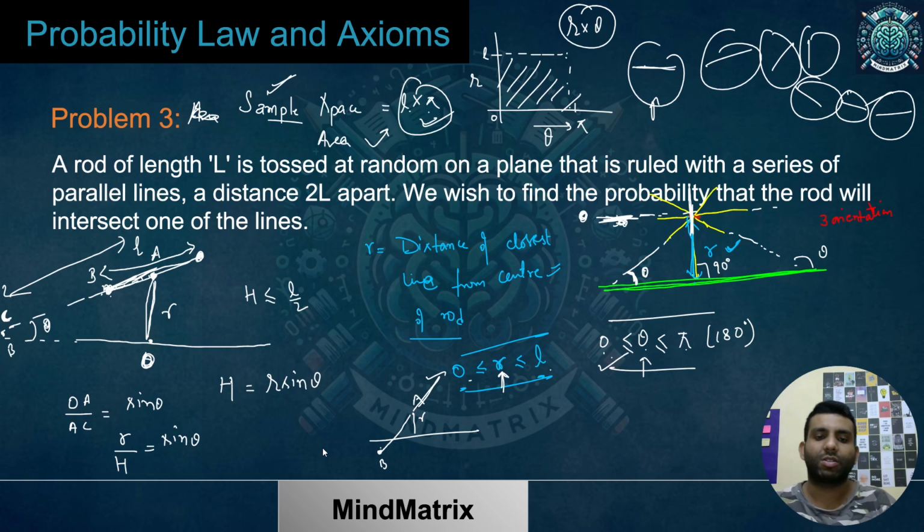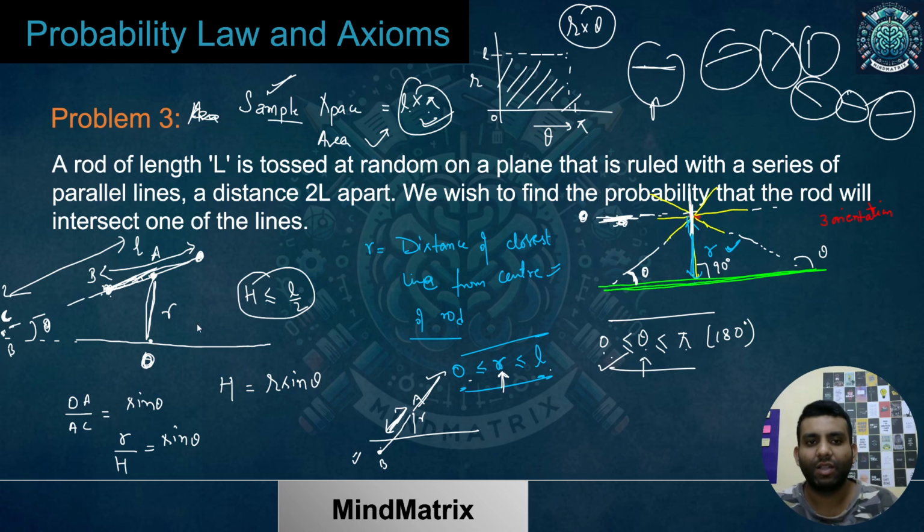Just think about this. If B lies over here or below this, then I can ensure there is an intersection. So what will I say? That my AB, which is L by 2, is greater than or equal to the hypotenuse.